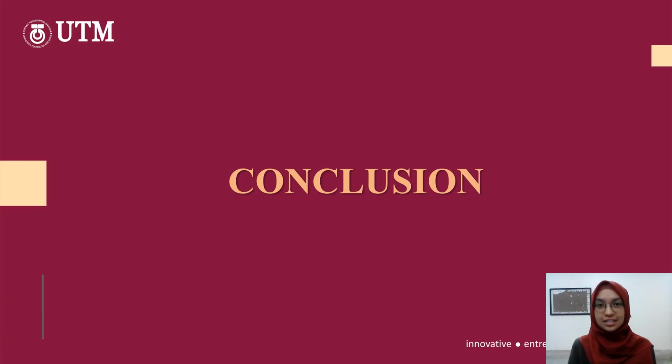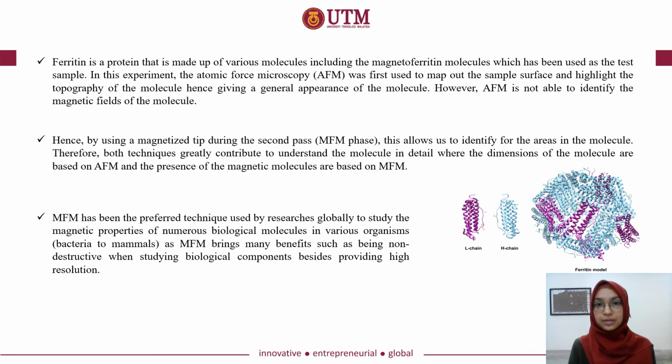Last but not least, we come to our conclusion for this experiment. From this experiment, we can conclude that ferritin is a protein that is made up of various molecules, including the magnetoferritin molecules that have been used as the test sample.